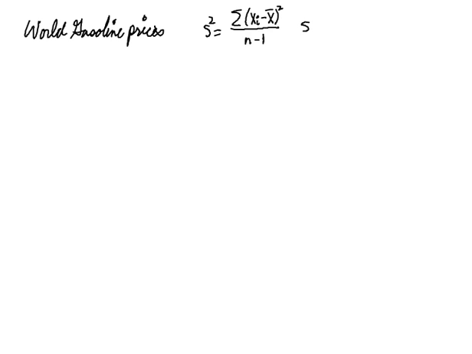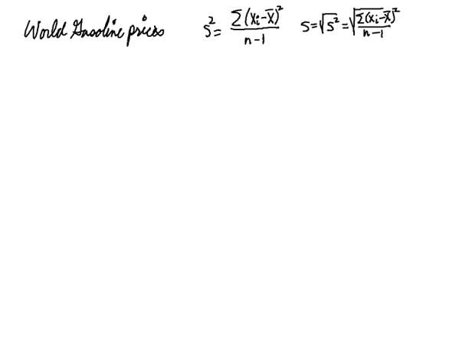To get the standard deviation, that would just be taking the square root of the variance, or the square root of the sum of the square differences, again over n minus 1.